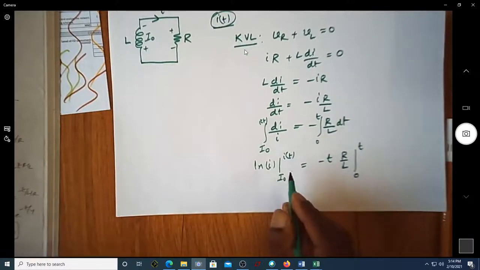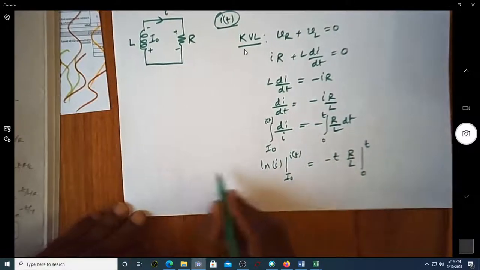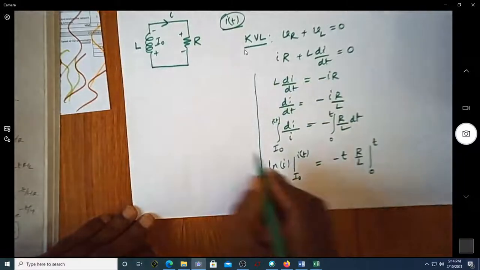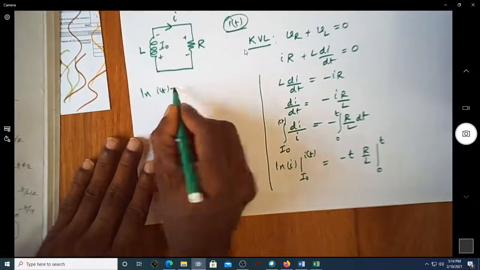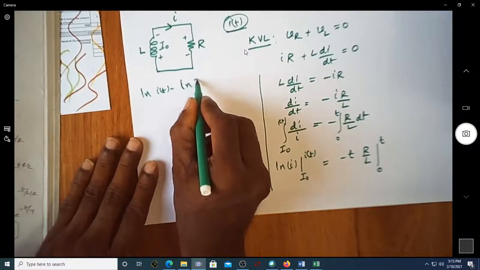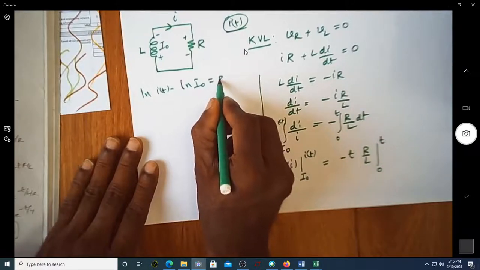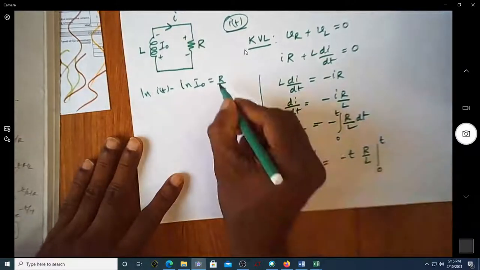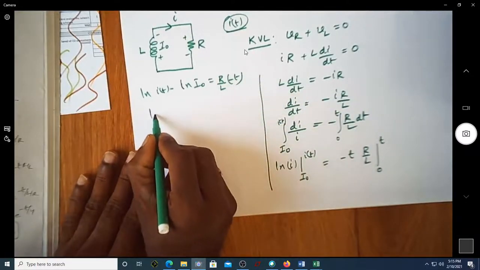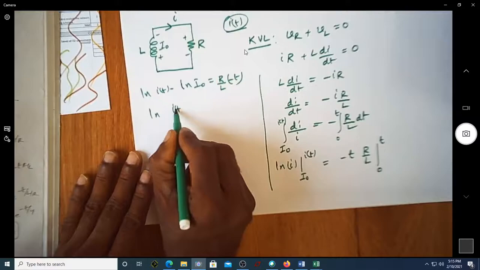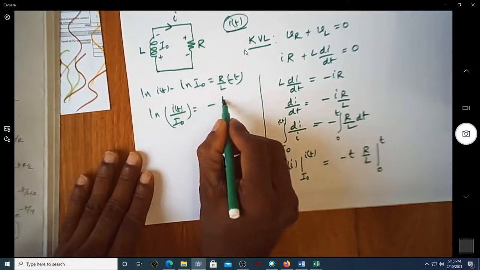By applying the limits, I naught as the lower limit and I of t as the upper limit, I can rewrite this as ln of I of t minus ln of I naught is equal to minus R by L times t. So I can rewrite this as ln of I of t by I naught is equal to minus t R by L.